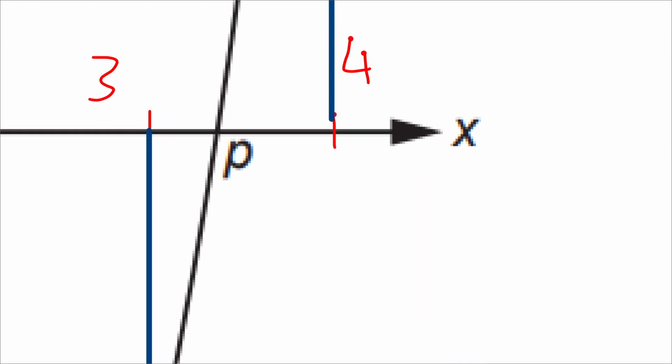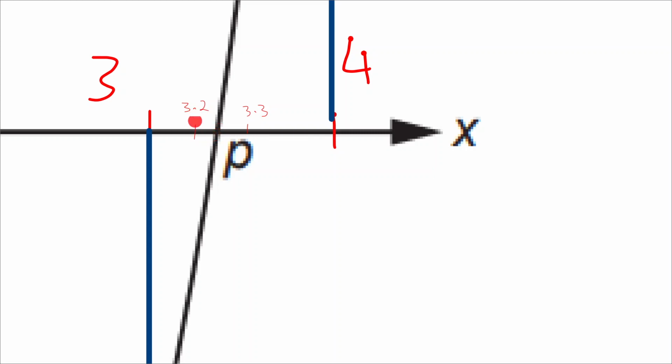we know that it's going to be between 3.2 and 3.3. You could even go more accurately, but the question is just asking for a bit more of an accurate one. And you'll see when you do A-level maths, you can use iterative methods to hone in on what the solution would be.